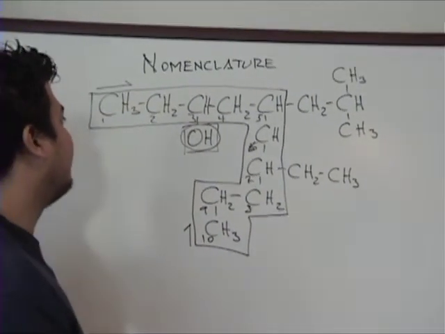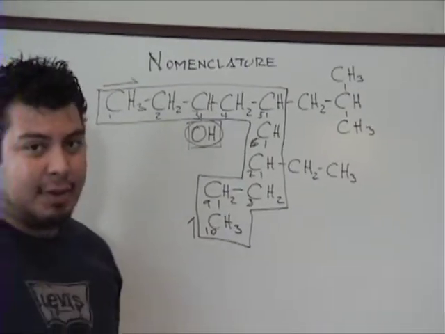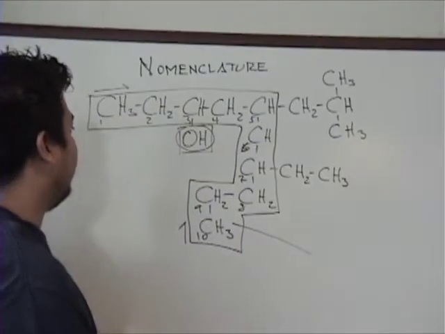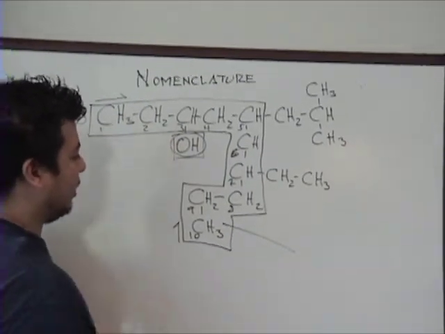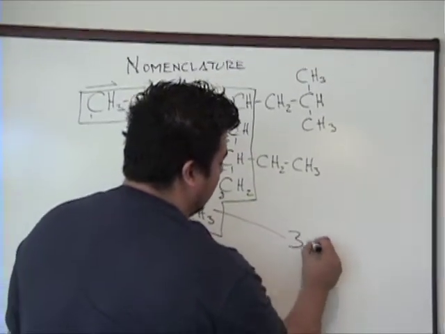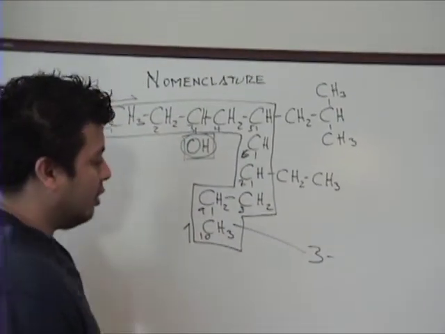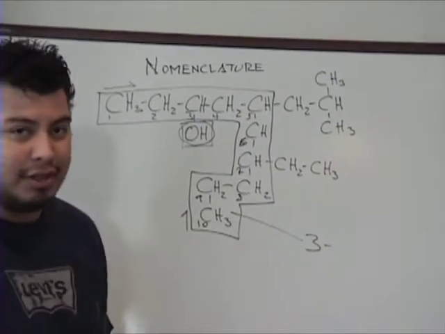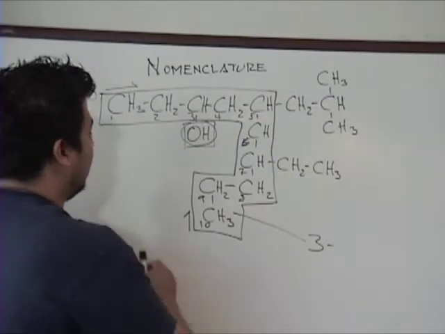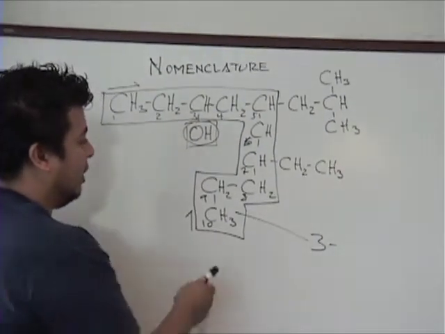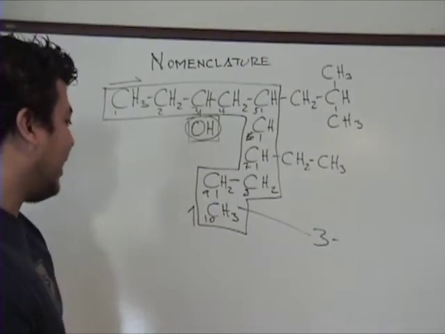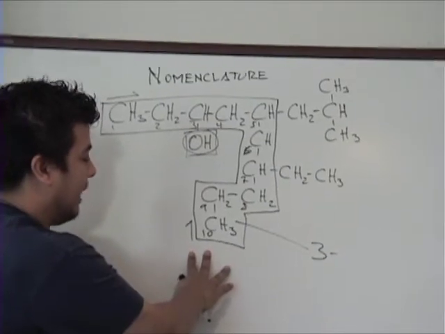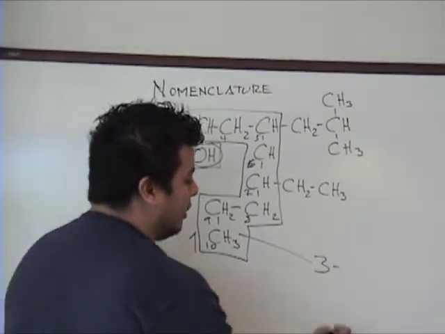Okay. Now that I have that, I can name the parent chain. The way I'm going to name the parent chain is, I say where the hydroxyl is, so 3. And remember, between numbers and letters, you use a dash. Between letters and numbers, you use a dash. So my parent chain is decane, 10.